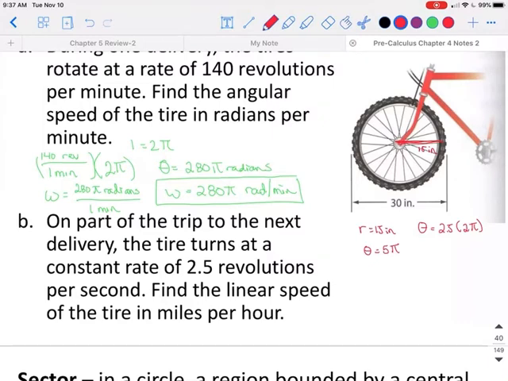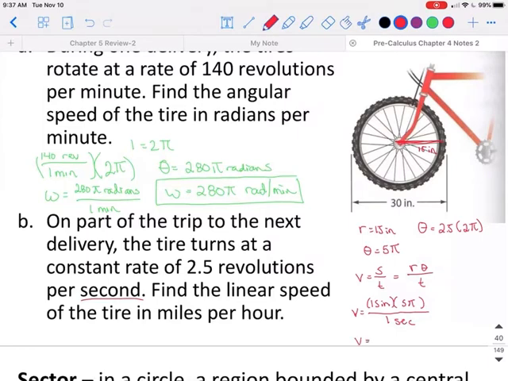To find the linear speed, we use the formula V equals S over T, or we know the arc length is R times theta, and we can put that over T. So to find our linear speed, we're going to do our radius of 15 inches times our angle of 5 pi radians all over 1 second, because the problem tells us this is how many revolutions it's making per second.